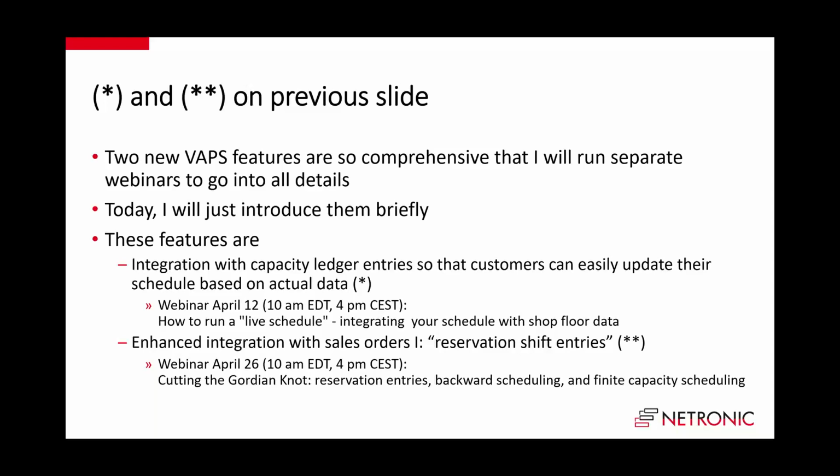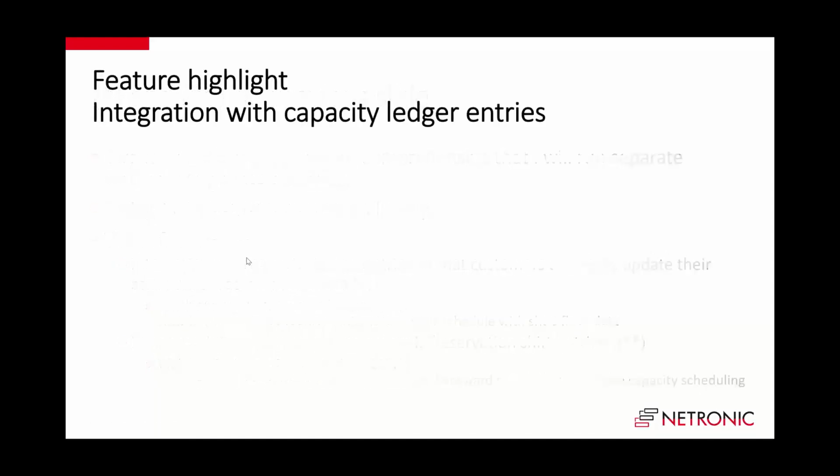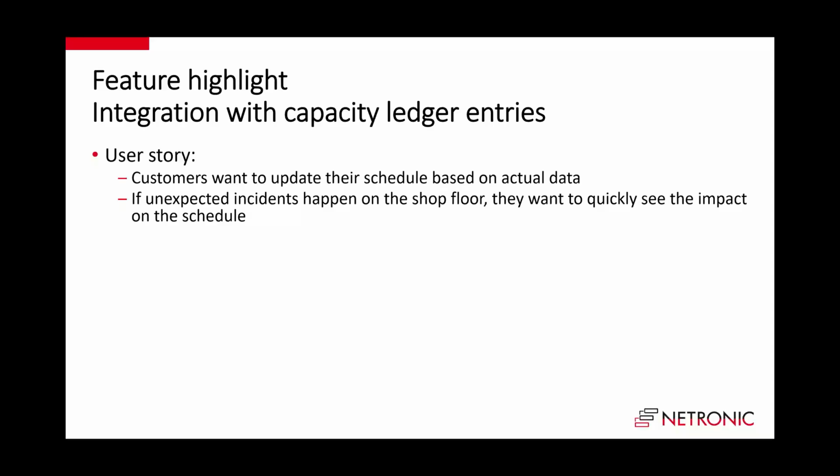But for now, I want to just give you an overview on this, and I will start with the integration with the capacity ledger entries. And here, the thing that we had in mind is that, of course, your customers want to update their schedule based on actual data, right?